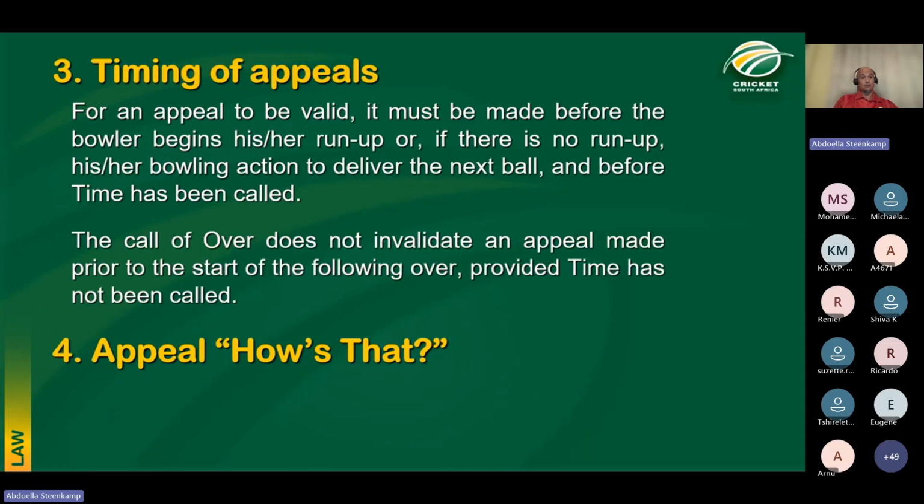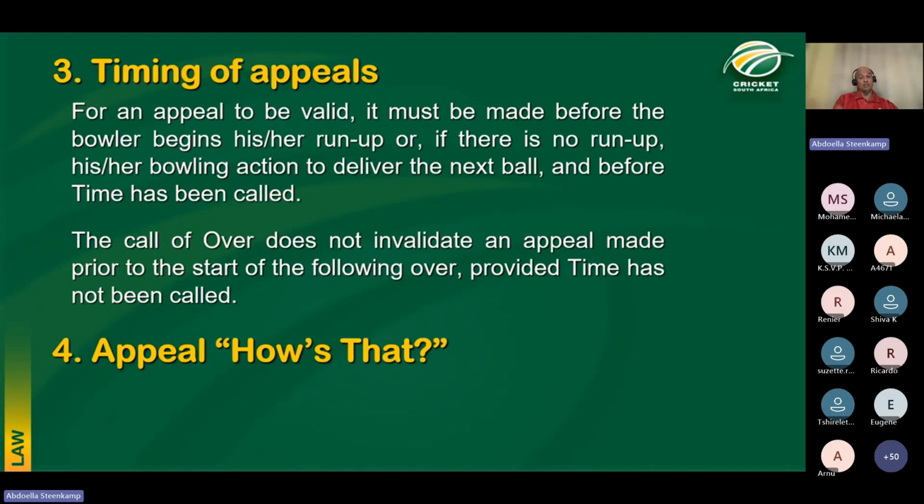Also, even the call of over doesn't invalidate an appeal, as long as it's made prior to the start of the next over. As soon as the bowler bowling the next over takes that first step, that window period closes. But if you called over and the bowler didn't take that first step to bowl the next over, that window period is still open in terms of timing of the appeal.